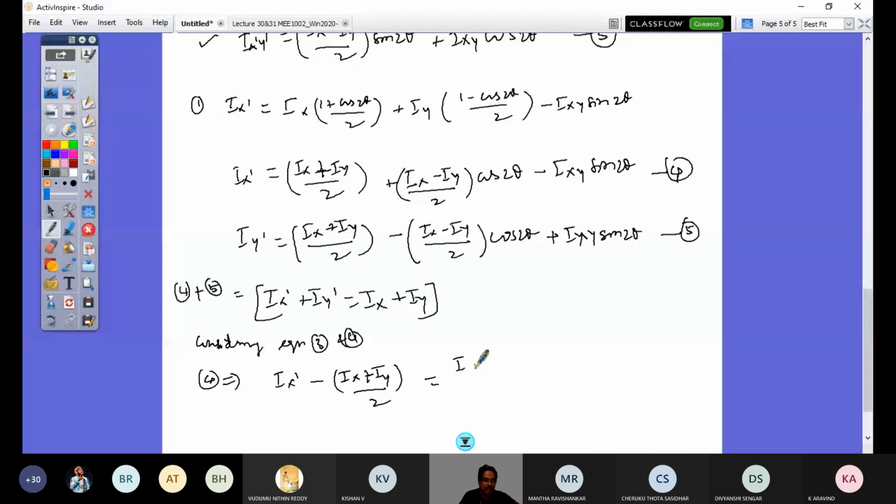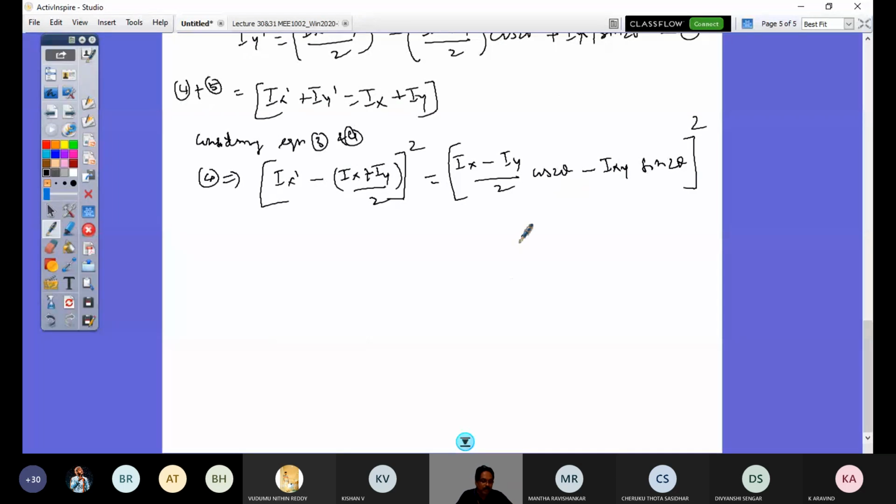So let this equation be squared on both sides, grouping trigonometric terms on the right-hand side and non-trigonometric terms on this side. You would understand why I do that: because I want to eliminate this trigonometric term, right?